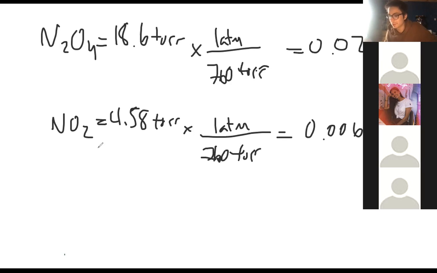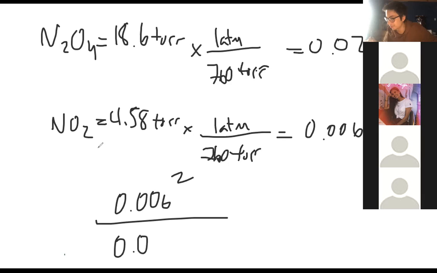So we would do products over reactants. We had NO2 on top, so 0.006, and this one was squared. On the bottom, we had 0.0244.